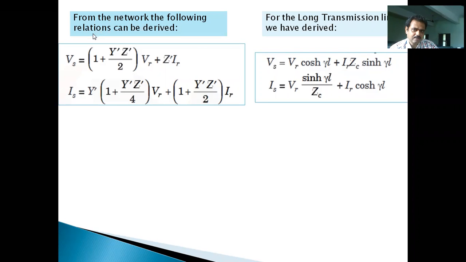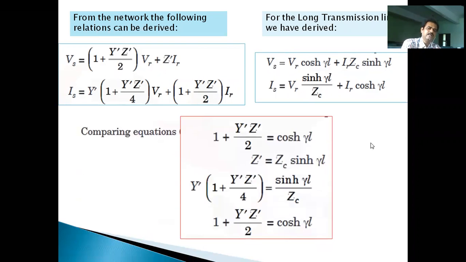If I want to derive the equivalent model, equating these two, or comparing these four equations, we will get 1 plus Y dash Z dash by 2, and Y dash Z dash by 2, with these equations.